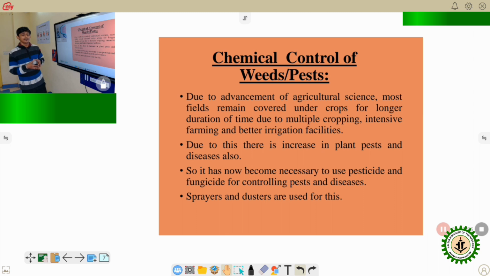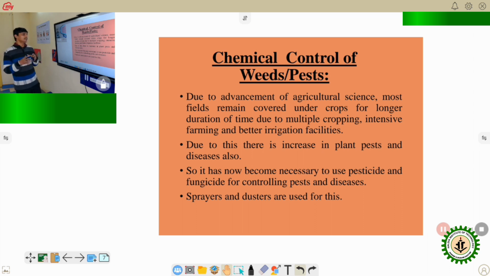Due to this, with irrigation systems and other continuous operations in the field, and continuous growing of crops in the field, different types of disease and pests arise, which we have to control in a very effective manner.